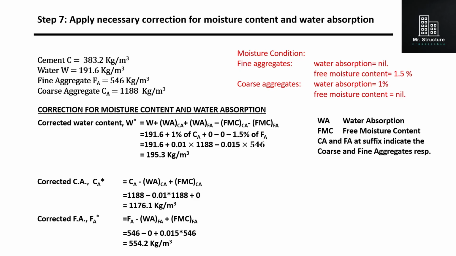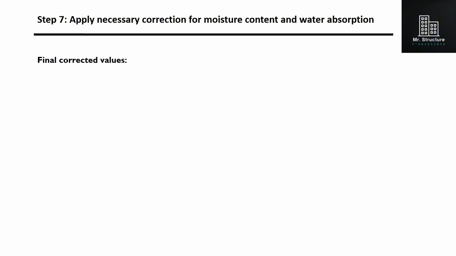It is important to note that while calculating the corrected water content, the values for both coarse and fine aggregates are used. But while calculating coarse aggregate, only the values for coarse aggregates are used, and similarly while calculating the fine aggregate, only the values for fine aggregates are used. Let us list out the final corrected values.